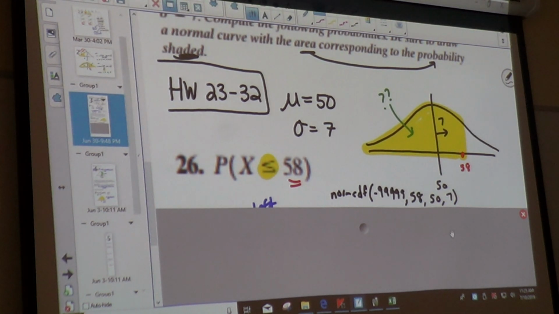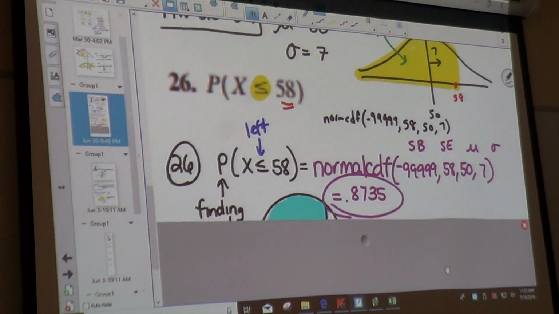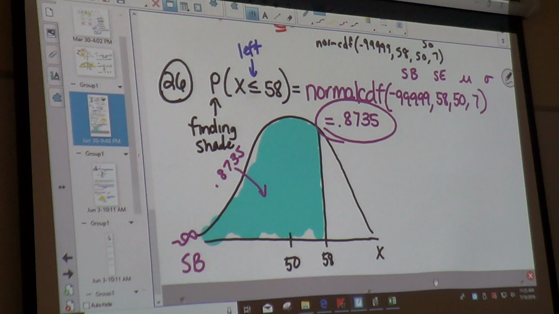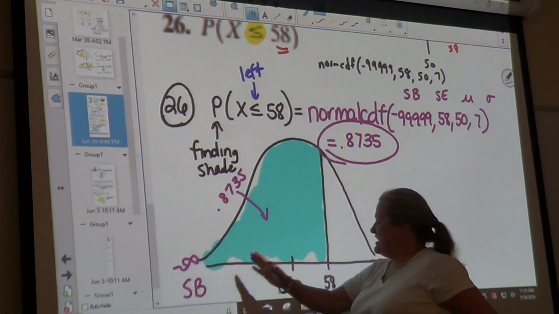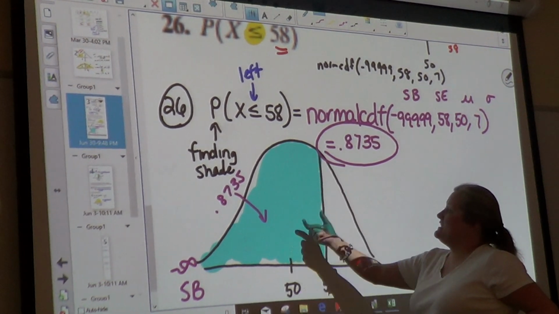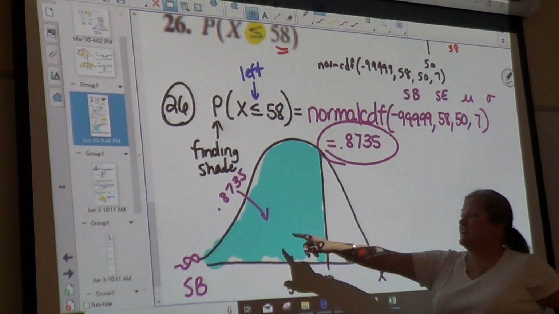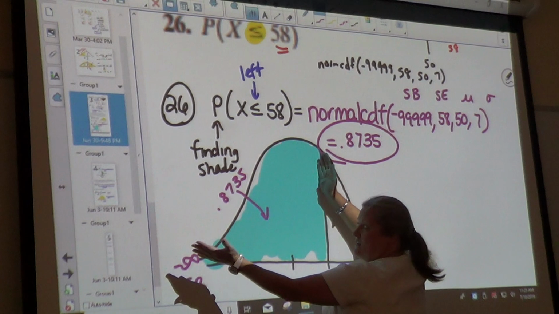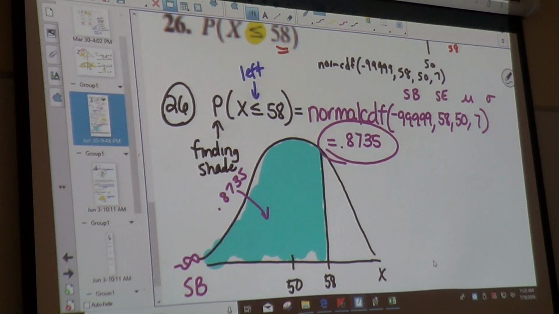So when I go to my calculator, this is where my shade begins, my shade ends, my mean, and my standard deviation. When we type that in our calculator, that tells me that 87% of my graph is shaded. 87.35% of my graph is shaded.